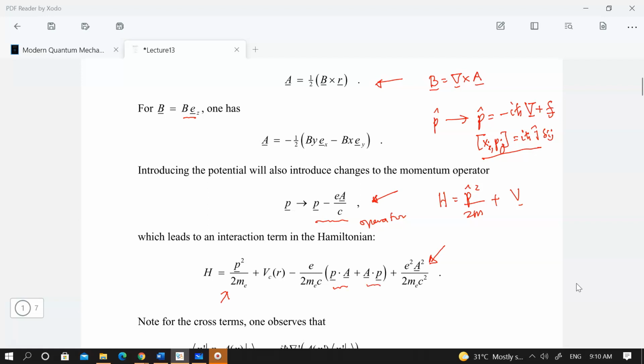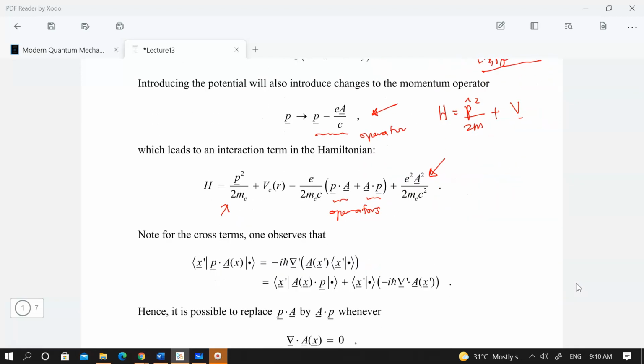I have not equated them to be equal, because they are operators. But what one can actually do is the following. If you look at, for example, p dot A, and then you do a position representation of the operator.